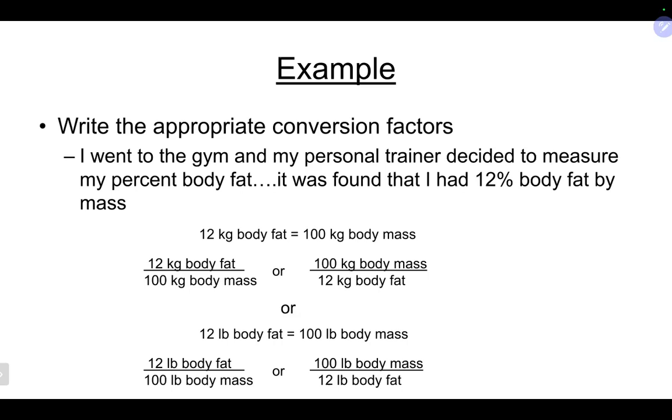And again, you could have your 2 conversion factors that you could use. You could also use more of an English sort of conversion, 12 pounds and 100 pounds, and you could get your 2 conversion factors from there. So percentages can be turned into usable conversion factors by assuming 100, and it again allows you to do a dimensional analysis sort of calculation. Any questions on that there?